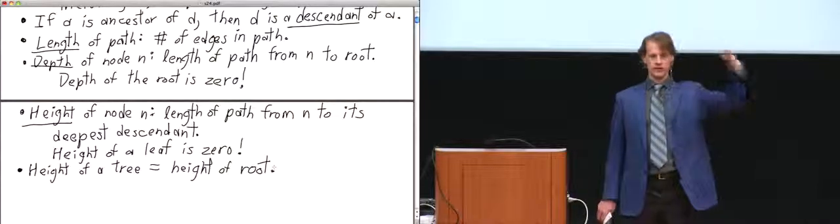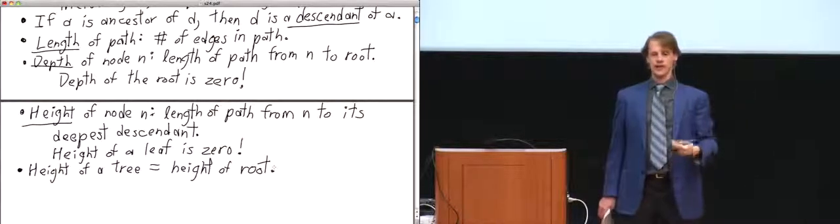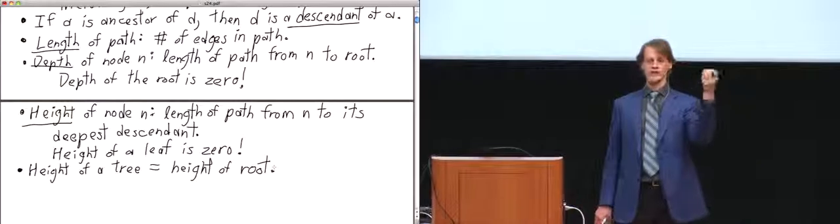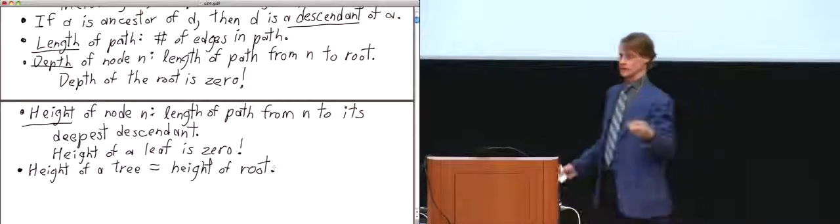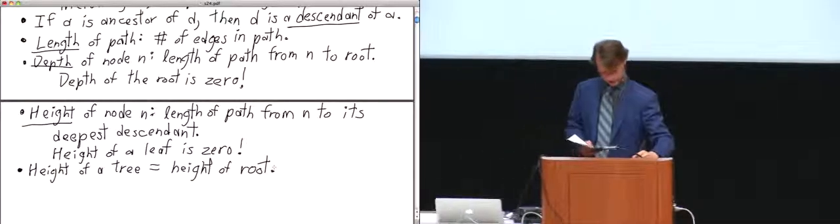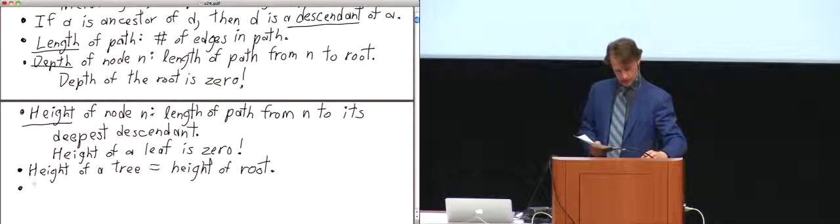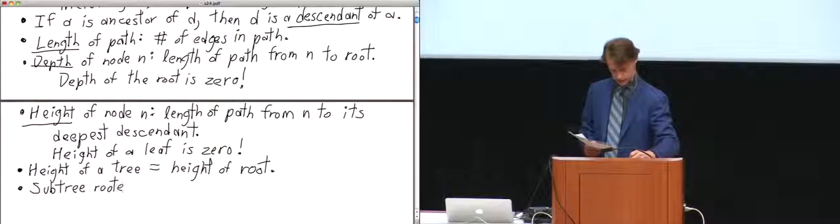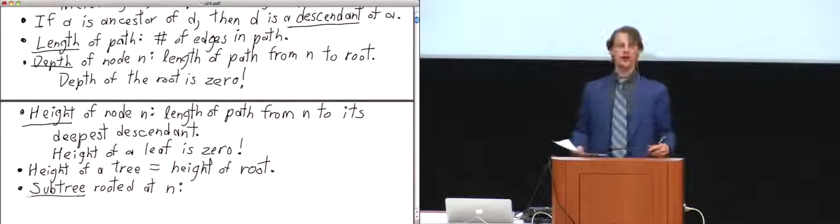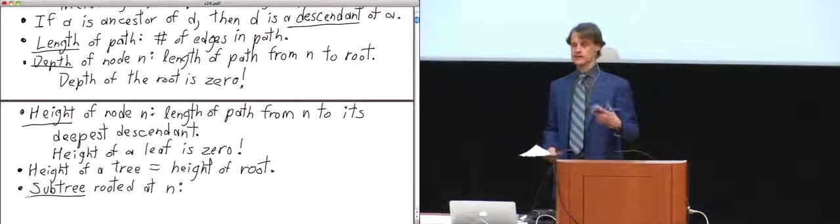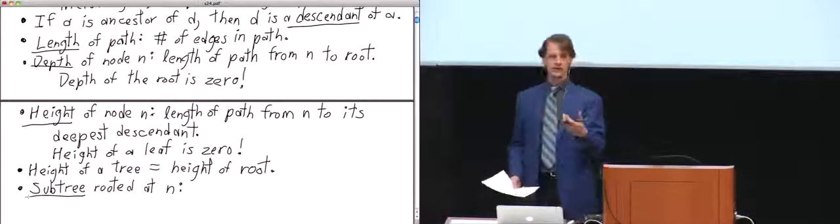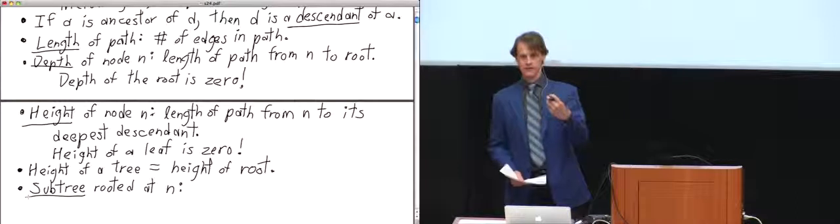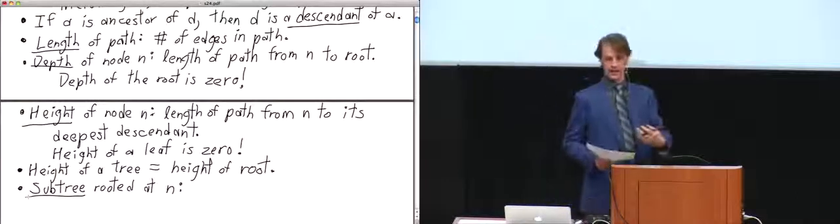So if you think of a tree as being branches, then if you cut off a branch, the piece you cut off is a subtree. And we usually talk about a subtree being rooted at a particular node. So if you pick a node n in the tree, then its subtree is going to be the subset of that tree that consists of that node n and all its descendants.